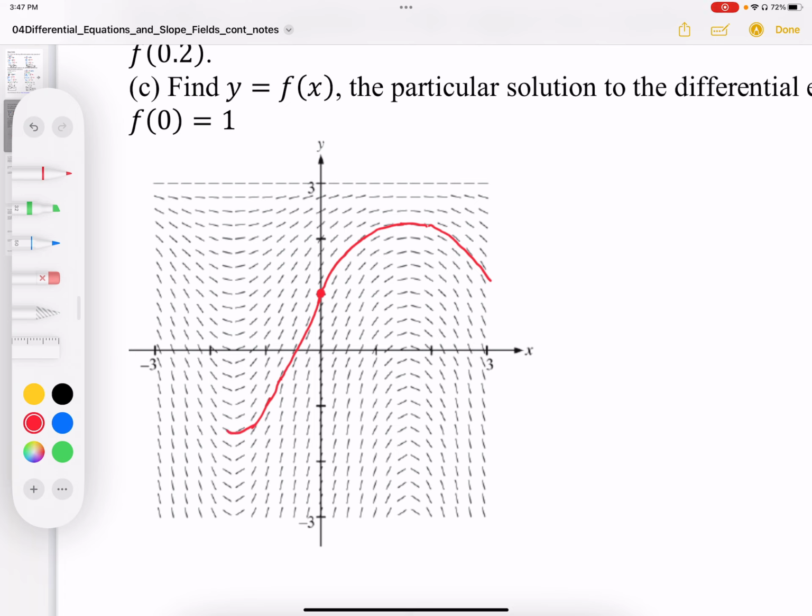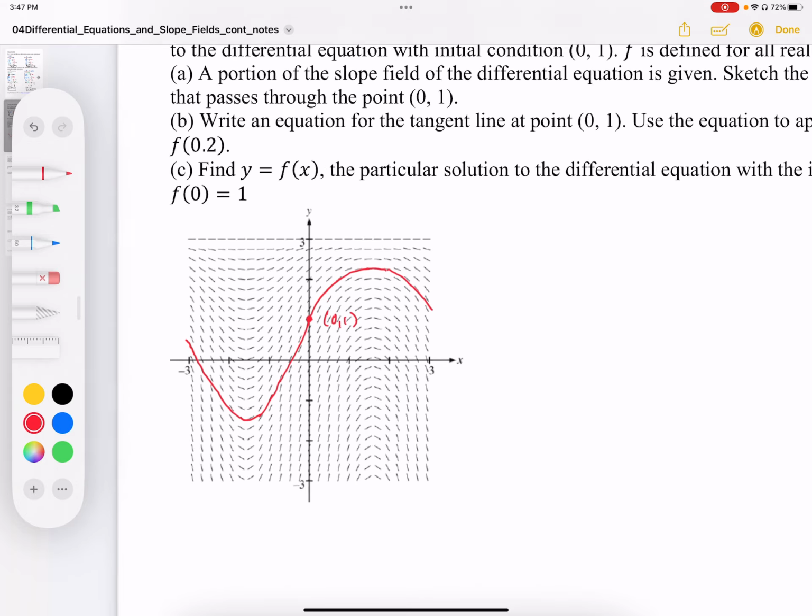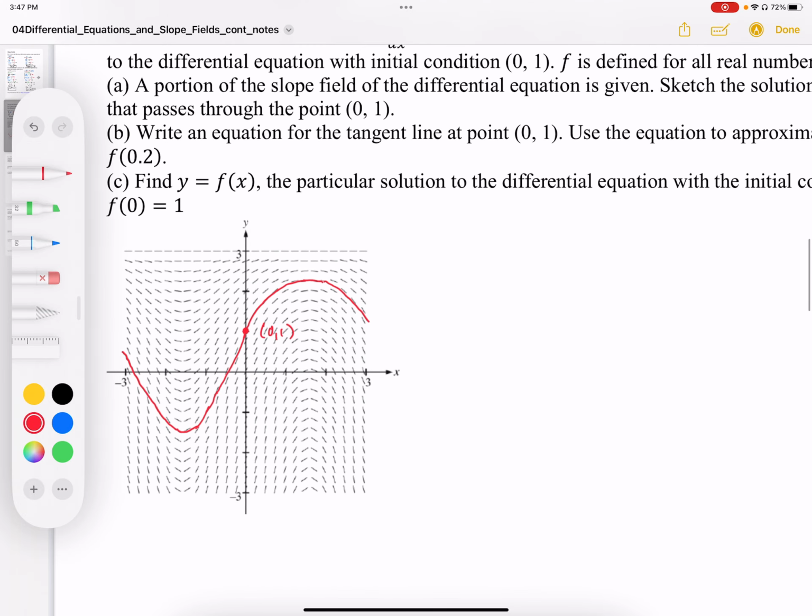If I follow the slope lines, it gives me a solution that maybe looks something like that. So this solution is the one that passes through the (0, 1) coordinate. When asked to sketch it, that's all we're doing: sketching that line by following the slope field lines.